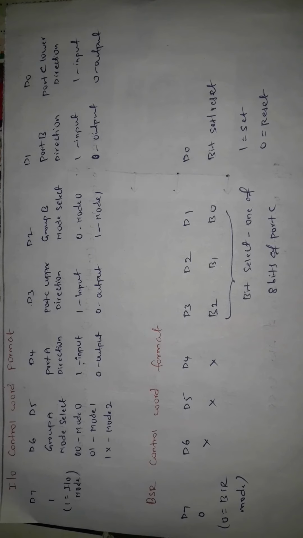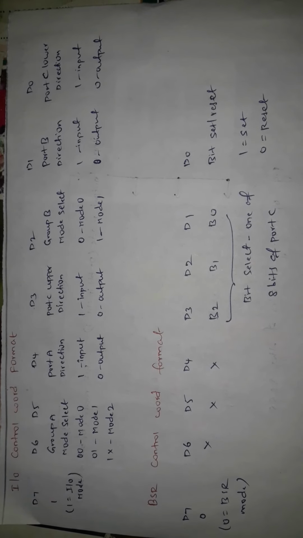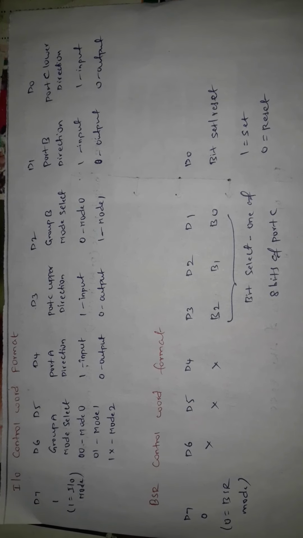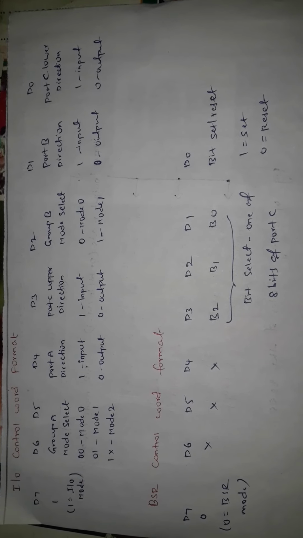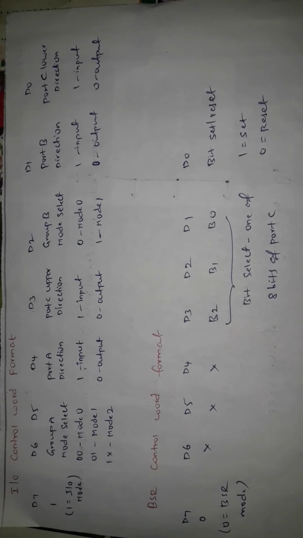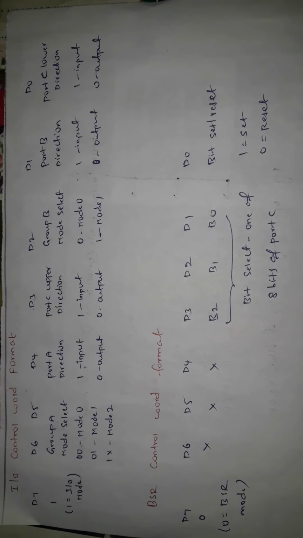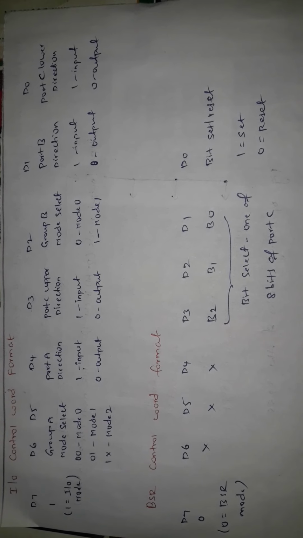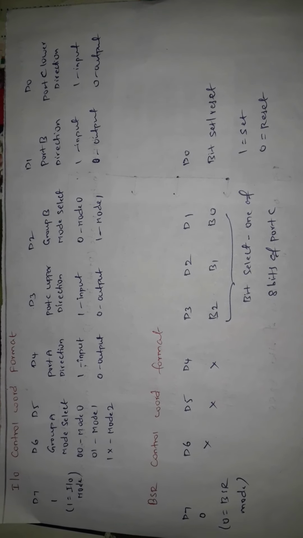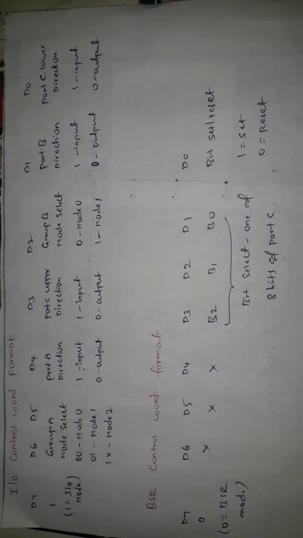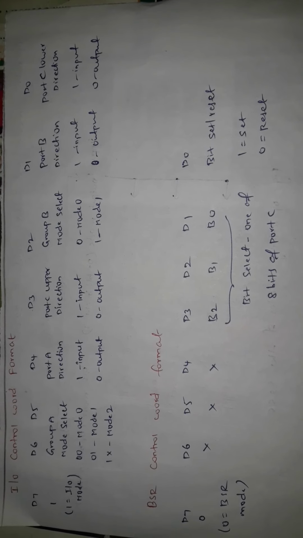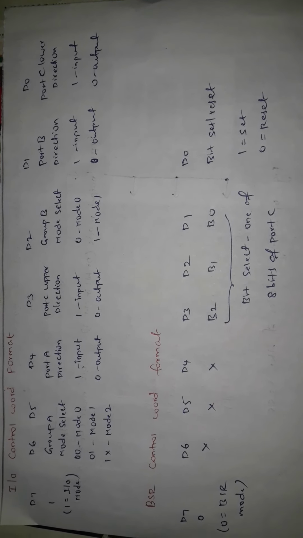You can program this control word, you can write different values to the control word register. Based on the control word that you write into the 8255, the 8255 is set in different modes, and it can be used for input operation or output operation.